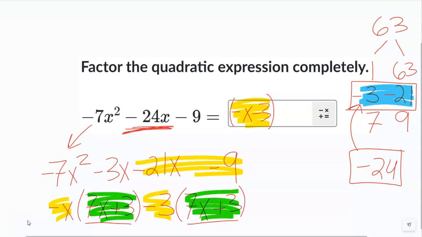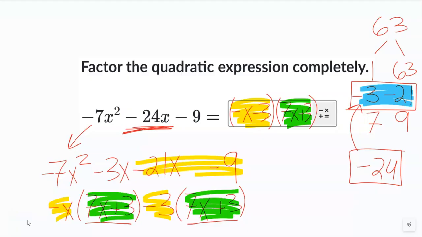And then we're going to multiply that by what's in the green, which is 7x plus 3. And now we have two binomials. We factored our expression. I'll make this green just so you can see. Make it obvious. And there's our green.